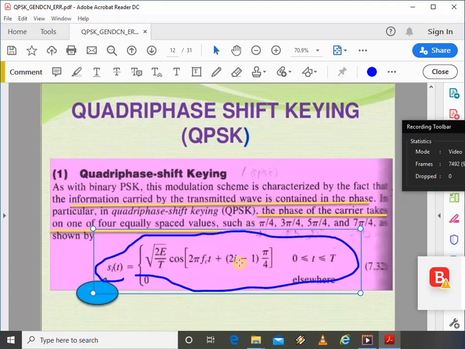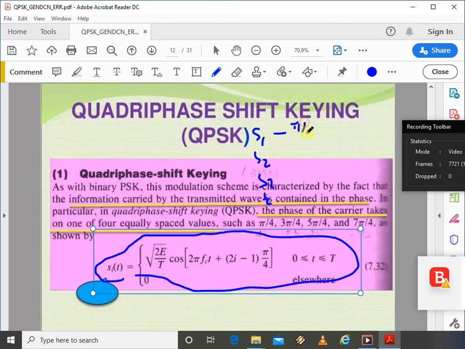Here, by keeping the value of i equal to 1, 2, 3, 4, you can have 4 signals, S1, S2, S3 and S4. The S1 signal will be given as cos of 2 pi fc t plus pi by 4. So if you put i equal to 1 here, you will get cos of 2 pi fc t plus pi by 4.